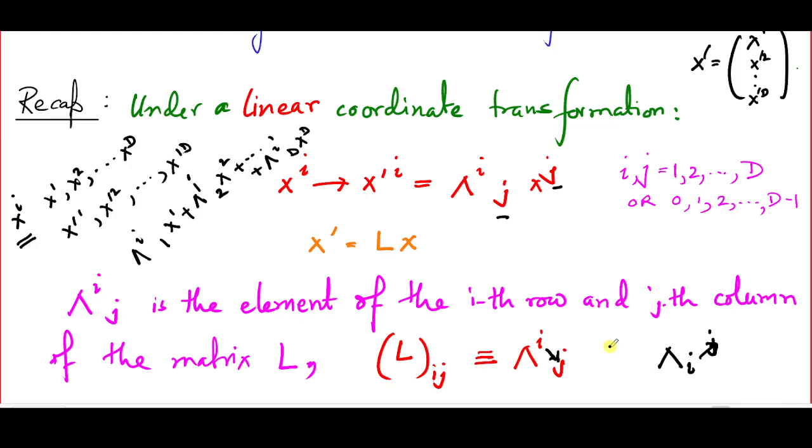And you will soon see why you have these two different kinds of ways of writing indices on lambda. But let me warn you right now that these elements, although they are related to these elements, are not the same as the matrix elements of Lij. They are the ith row jth column elements of some matrix, of course, but that matrix is not L. We will soon see what that is.